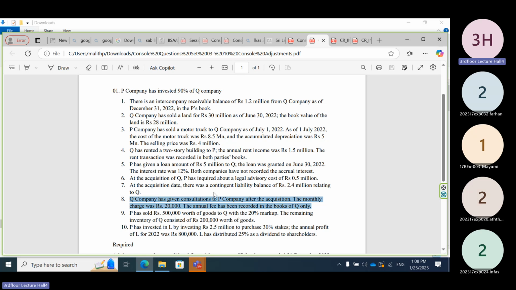This presentation is incorrect. We need to put an adjustment for this column. How much? 30,000 minus here and 30,000 minus here. Then there is no 30,000.